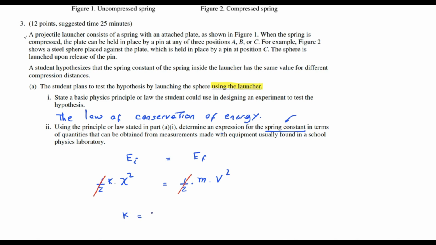Spring constant equals mass of the object times velocity squared divided by the initial compression squared. Or if you prefer, you can write it as mass times the square of the final velocity divided by the initial extension squared.